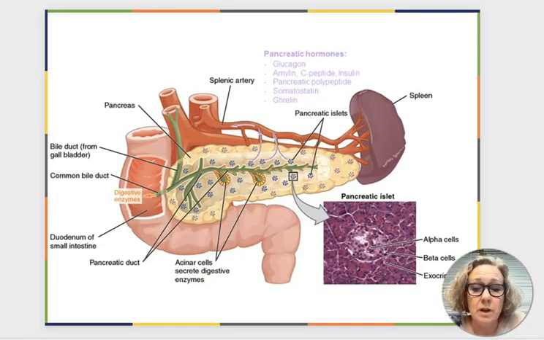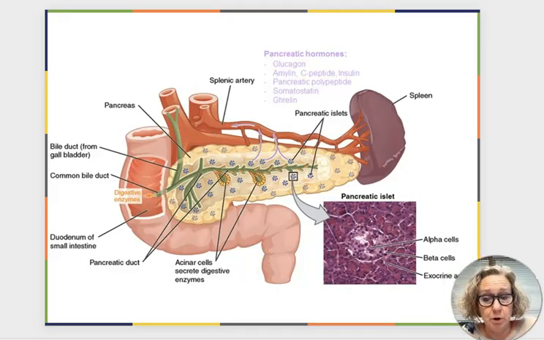Okay, let's zoom in on the pancreas for a minute. So all of this lovely bile situation, ducts, this is going to break down your lipids and your proteins. We're not there yet. Also, we need to take a moment and appreciate that your amazing pancreas is both an exocrine and an endocrine gland. An exocrine gland gives something right next to it.